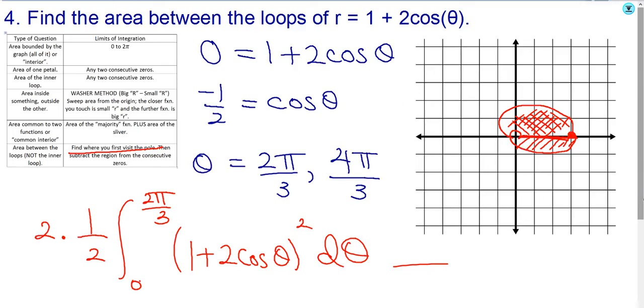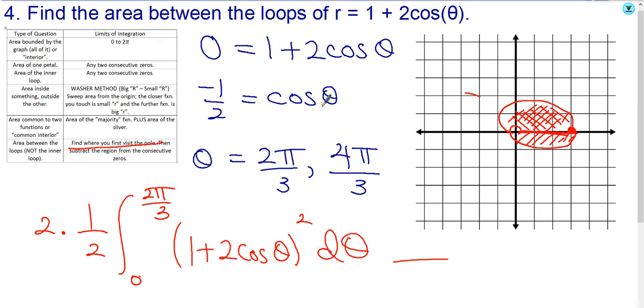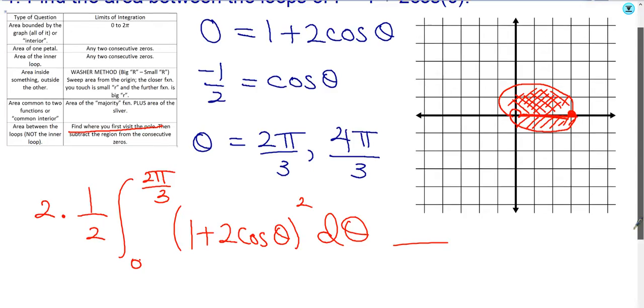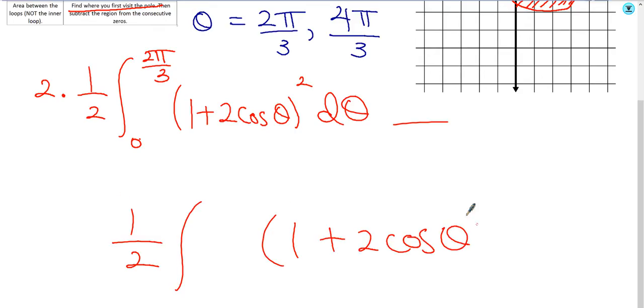And so I have 2 times 1/2 the integration from 0 to the first time I hit the pole of the radius squared d theta minus, now I need 1/2 the integration of something, which is going to be the function squared d theta. And this is where I find my other limits of integration.